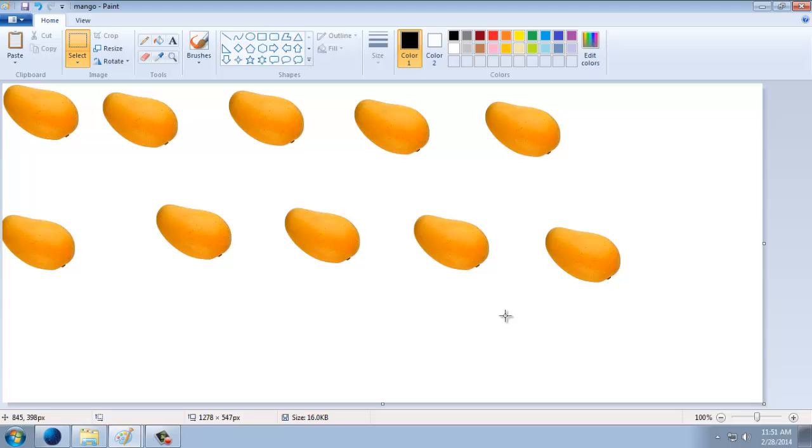So how will you write this? If nothing is there, it is 0. We have 10 mangoes here, so we start counting from 1.